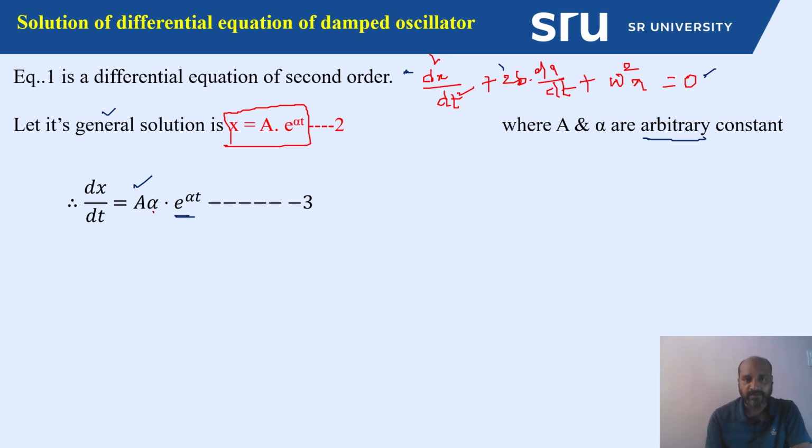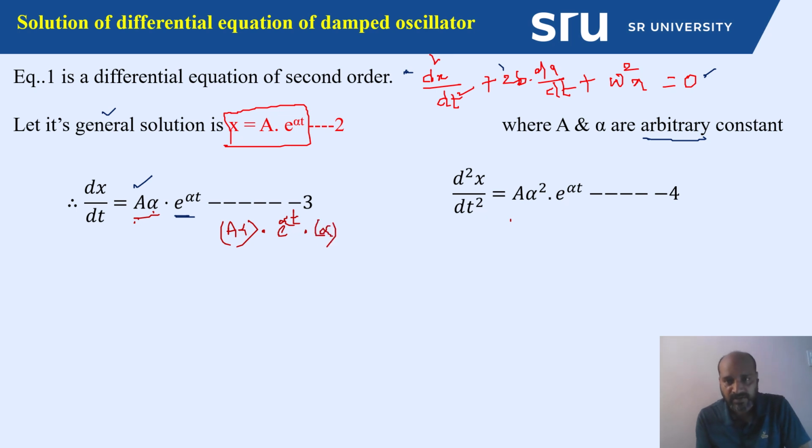So this is the first derivative. For the second derivative, we differentiate this dx by dt: a alpha as it is, e to the power of alpha t differentiation is e to the power of alpha t, and alpha t differentiation is alpha. So the final result will be a alpha square e to the power of alpha t.